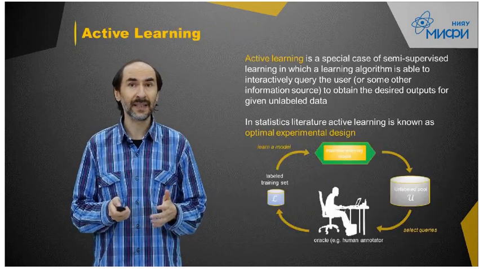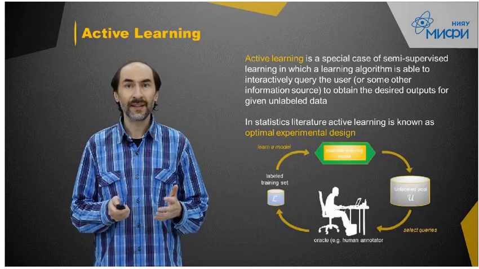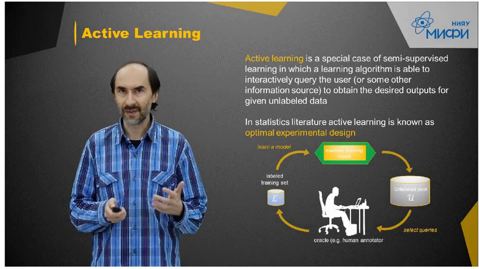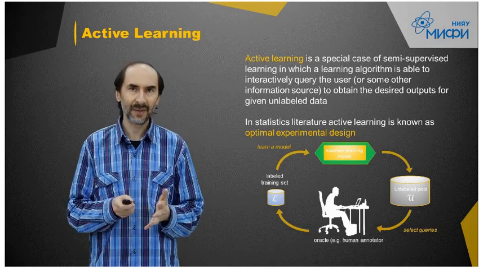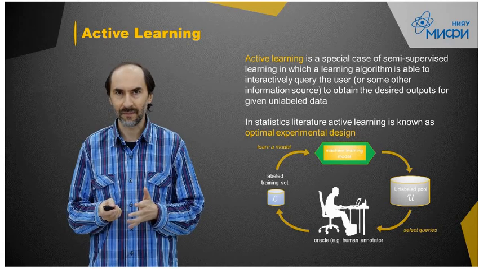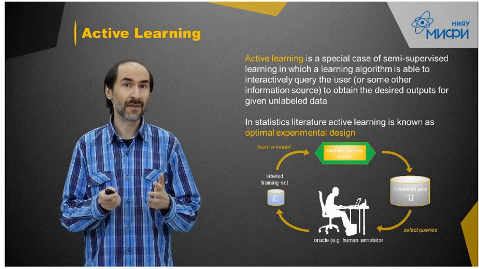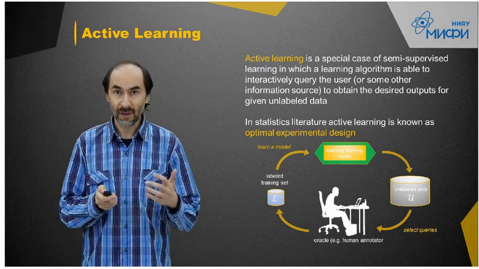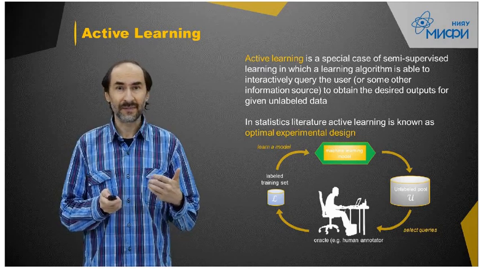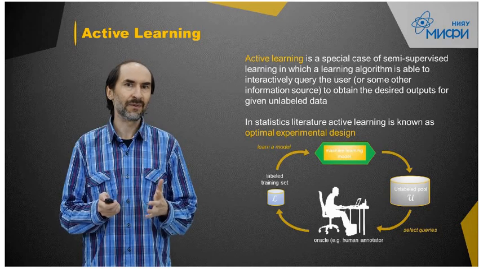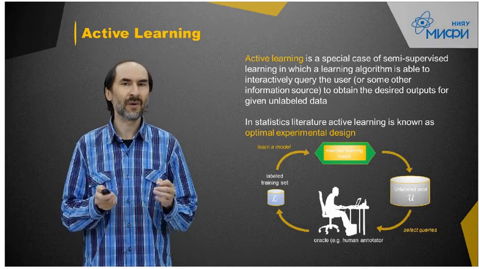The next paradigm is active learning. In active learning, like in semi-supervised learning, we have unlabeled data and labeled data. The amount of labeled data is usually small because labeling is a costly and sometimes time-consuming procedure performed by a human called an oracle.